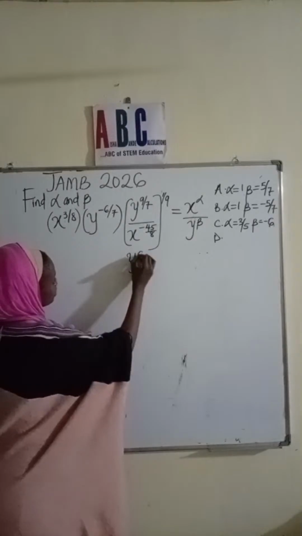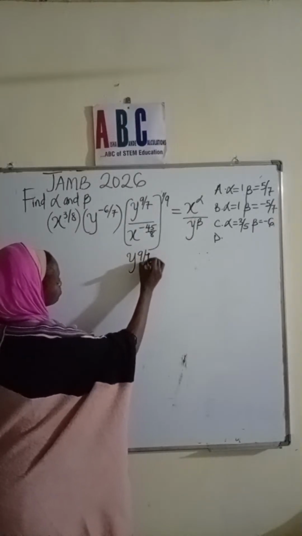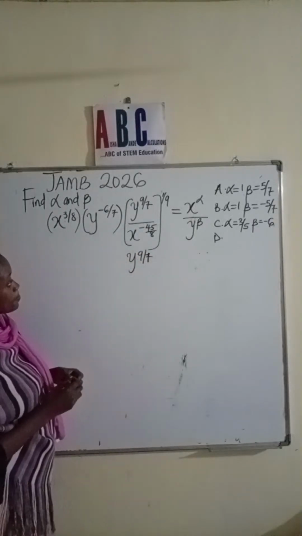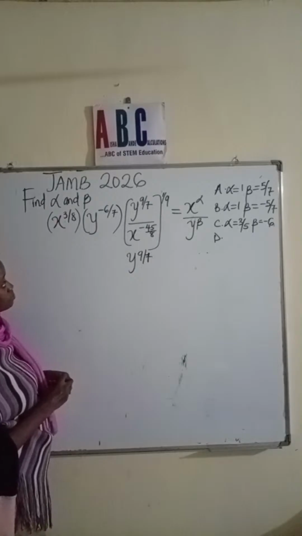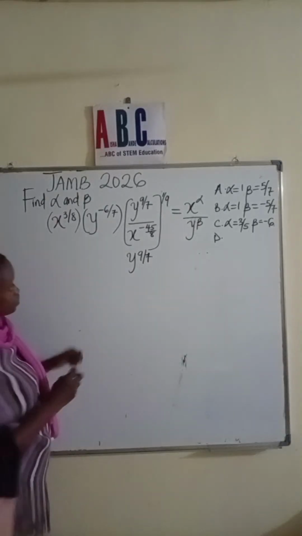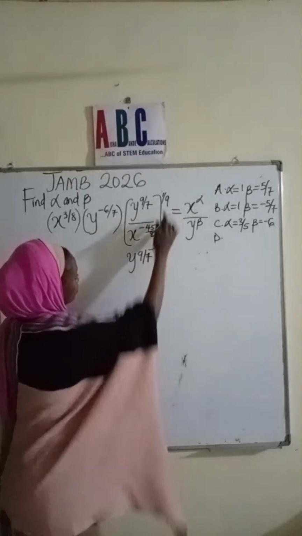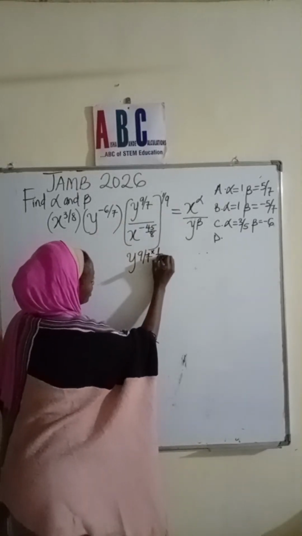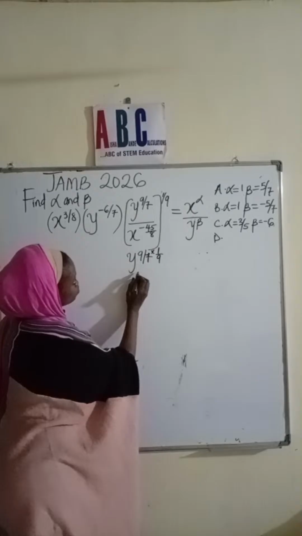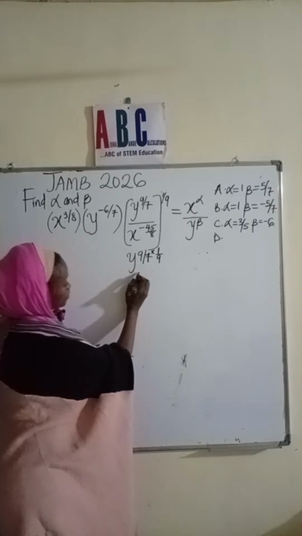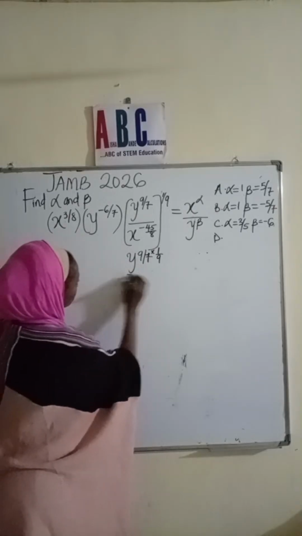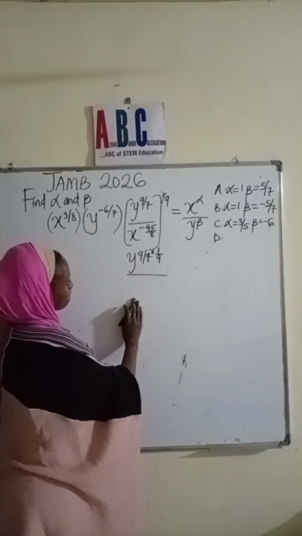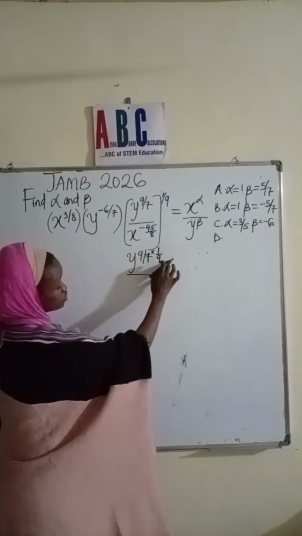Y raised to power 9 over 7. Okay. We are multiplying the powers, right? Times 1 over 9. Should I use division?